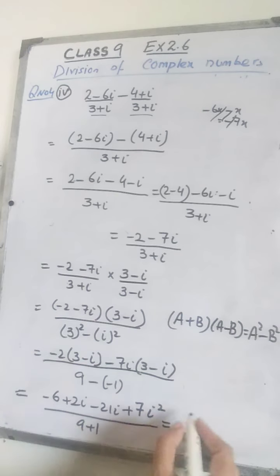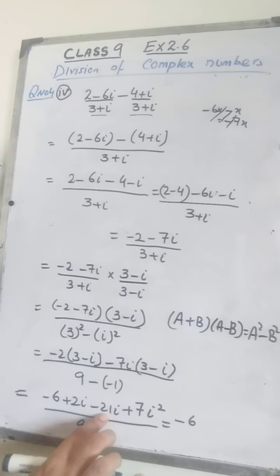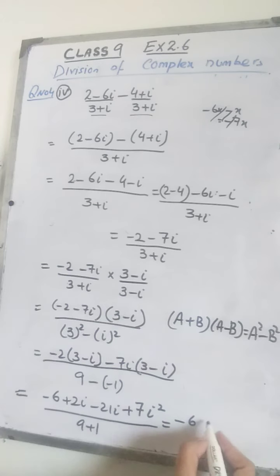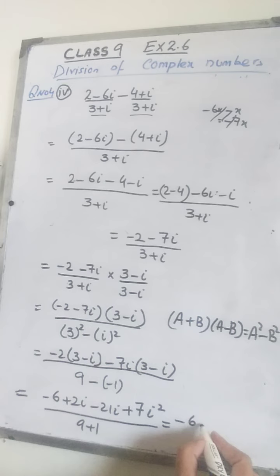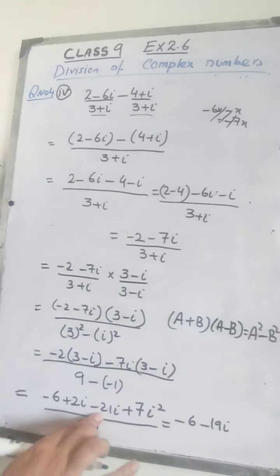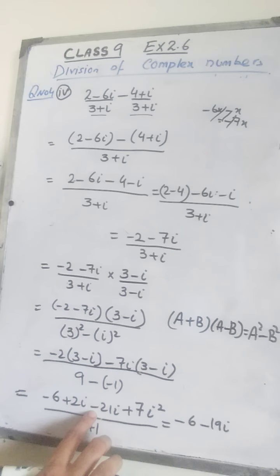Okay, in the next step, negative 6, and 2 iota minus 21 iota will be negative 19 iota. 2 minus 21 is negative 19. Because we have two different signs, we are going to do subtraction. 21 minus 2 is 19, and we put the sign of the greater number.